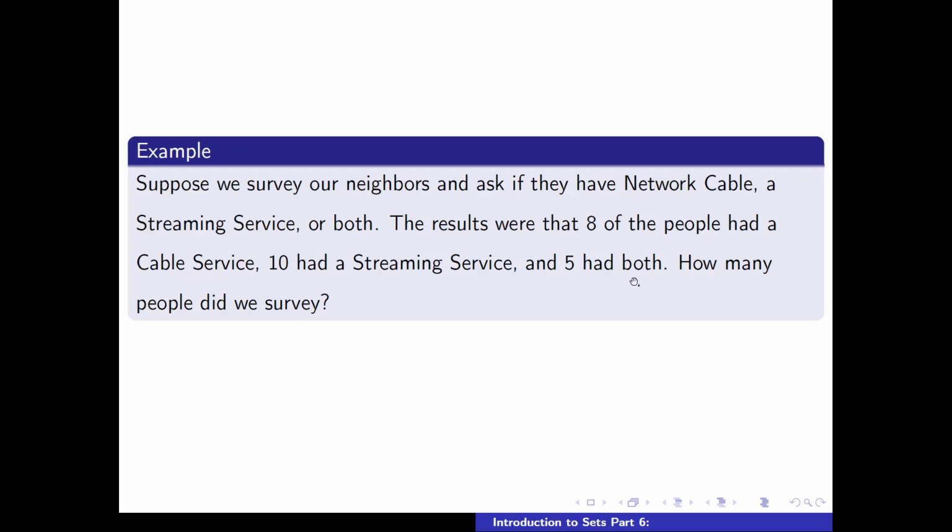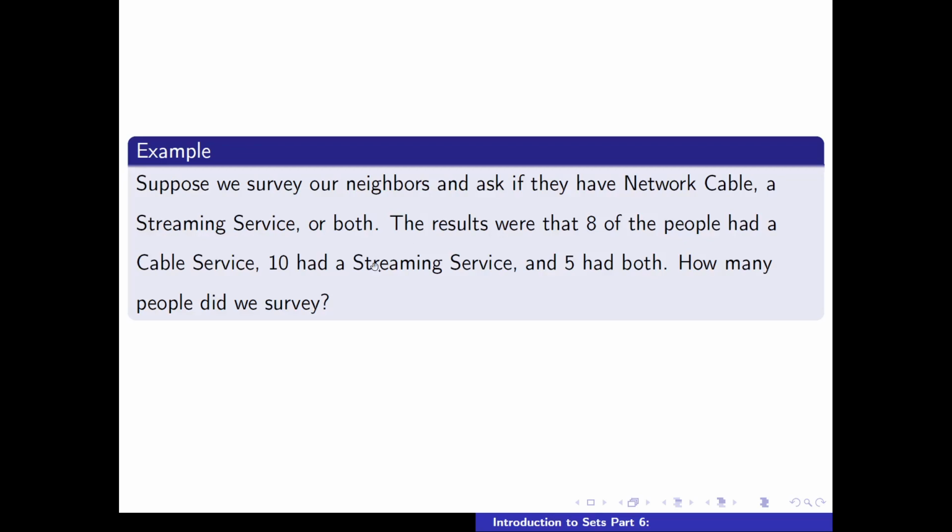If they have both, then they have cable service. If they have both, then they have streaming service. So we've actually counted some people multiple times. So we want to avoid the tendency to just say the number of people surveyed is 8 plus 10 plus 5.